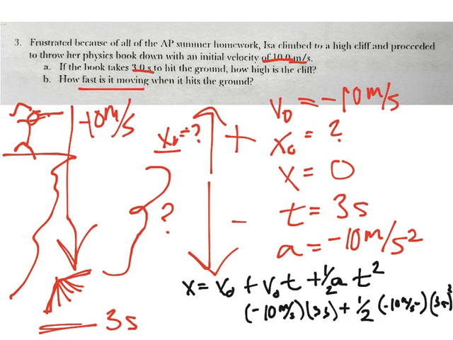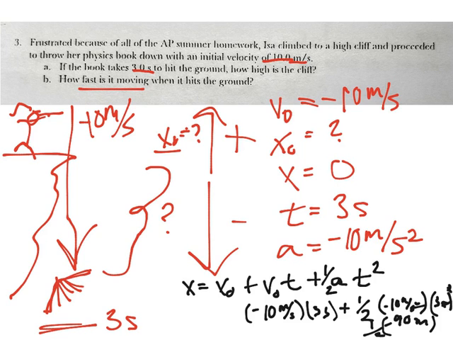So 3 squared is 9, times 10 is 90, so you're going to get negative 90. And if you do this, the seconds squared is going to cross out with your seconds squared. So you're going to get 90 meters times 1/2.